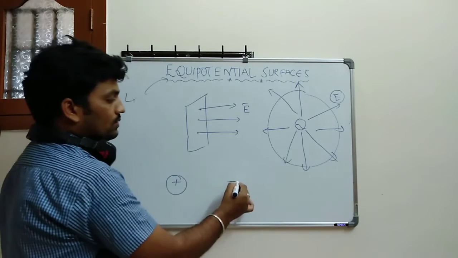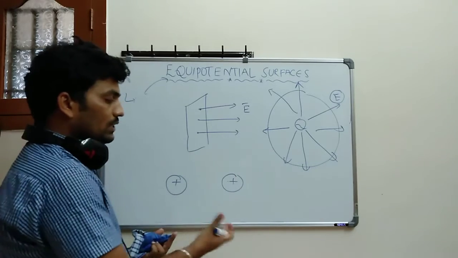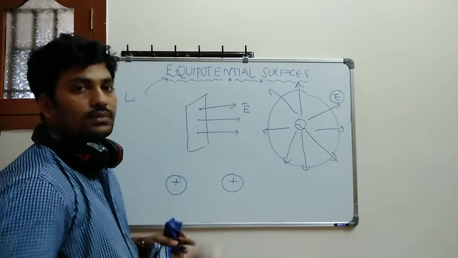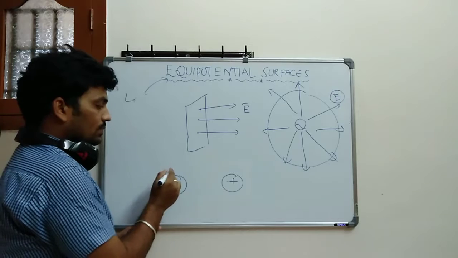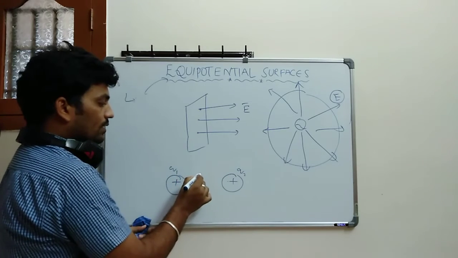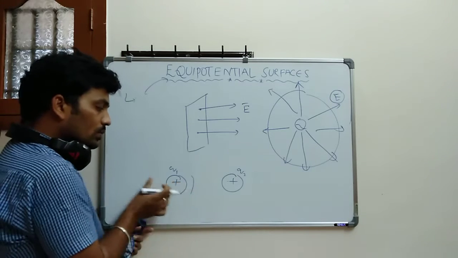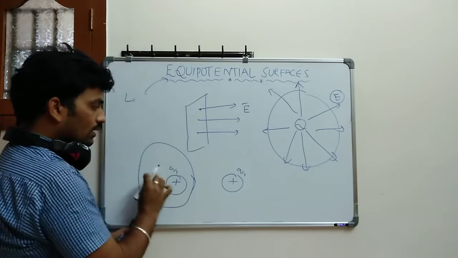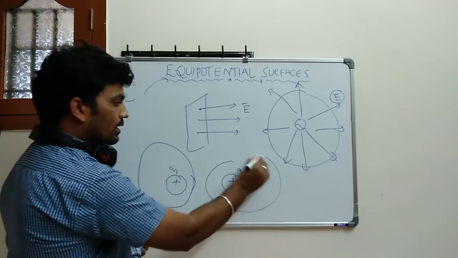Next, if I take it for a positive charge here, this is important. Now when I take two positive charges here, both of the same nature, then will their field lines interact? No, they will not interact. Why? You see, let's suppose this is Q1, this is Q2. From this one you will get a field line, which is bent, it comes towards the surface, and here you will find more area in this section, and here also you will get more area on this side.